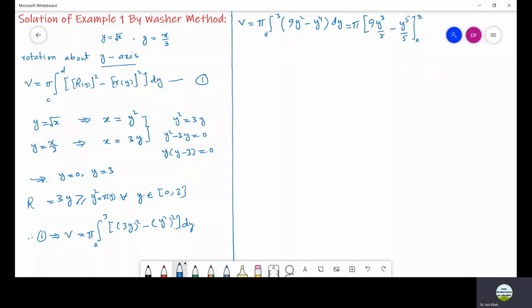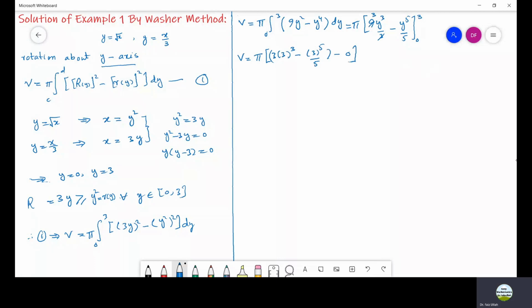Let us simplify this. Using the upper limit, we get π times 3 cubed minus 3 to the power 5 divided by 5, and as the lower limit is 0, we don't need to use it.